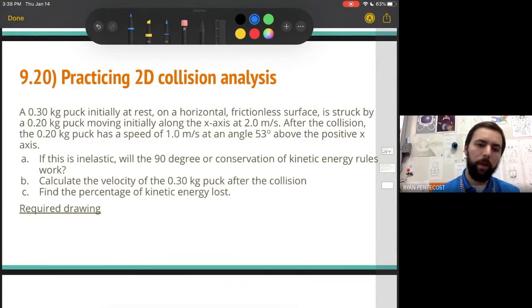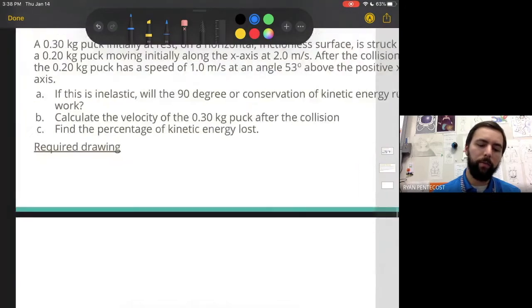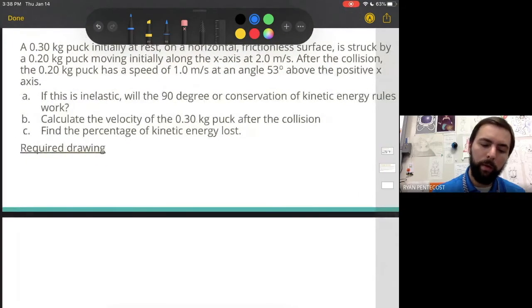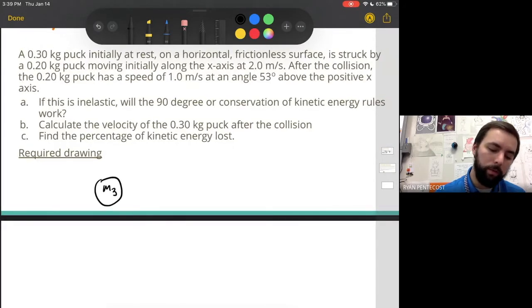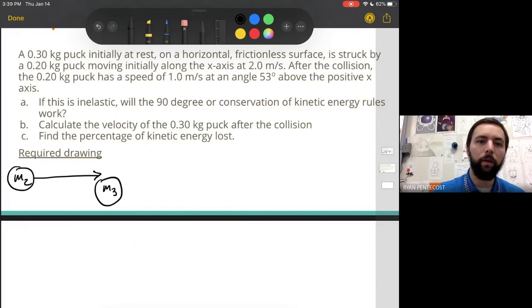So let's see. I'm going to call them M3 and M2, because if we use 1 and 2 with one of the masses being 2, it can be confusing. So we've got the M3 sitting stationary, right? But then M2 is coming at it along the x-axis, but it's not going to collide head on, right?